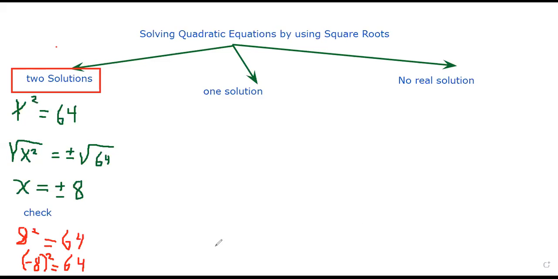Second, we are going to discuss one solution. Can anyone give me an example? How will we say that we have only one solution? When we have only one solution, it will be what? Anyone can give me an example?